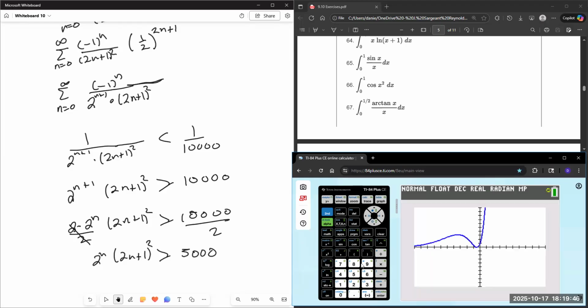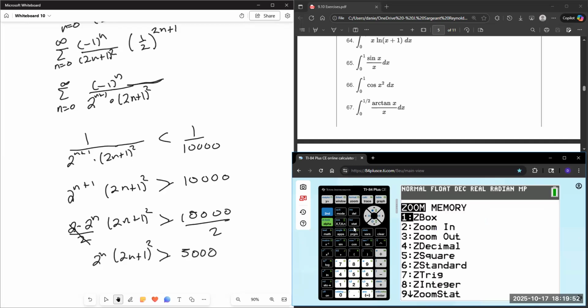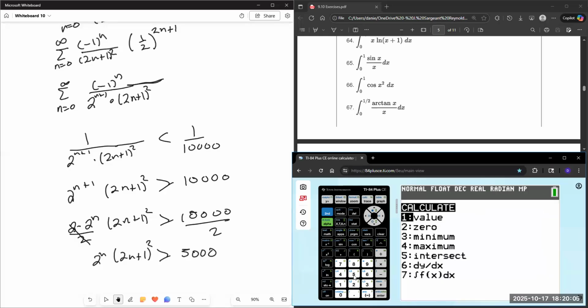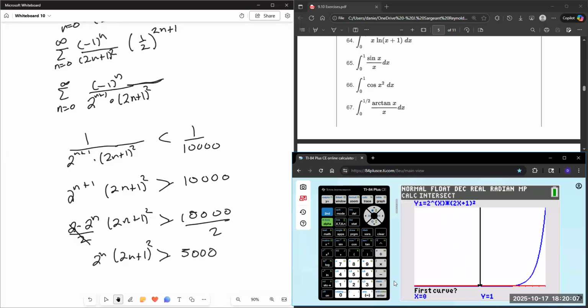And if I look in my original window, I don't see it because 5,000 is way up there. So I'm going to hit zoom 0 and let the calculator pick a window where both functions exist. I don't really care if I see it or not because this is a calculator making a calculation. They just both have to be on the screen. Second calc 5, I'm going to get close to the point of intersection, enter, enter, enter.